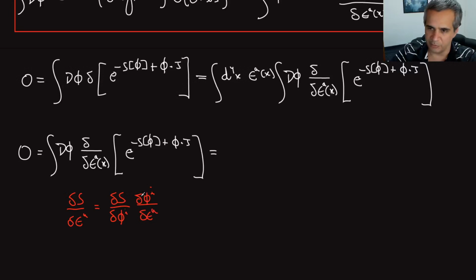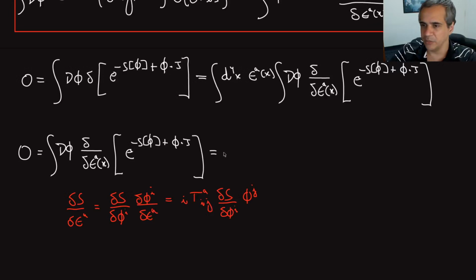I'm assuming that same transformation. So this will be just i t a i j, delta s delta phi i times phi j. If I take delta phi and differentiate in relation to epsilon, I get this generator and the field at j.